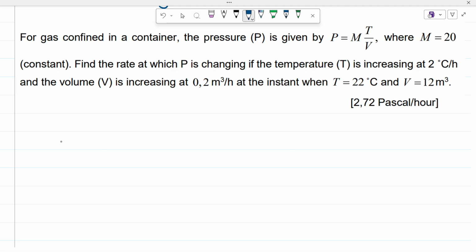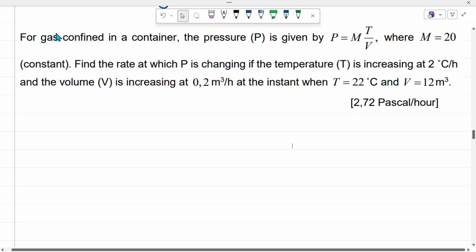I hope not. Yeah, anyway, for this other question, we are told that for gas confined in a container, the pressure P is given by P equals mT divided by V, where m equals 20 and m is a constant.